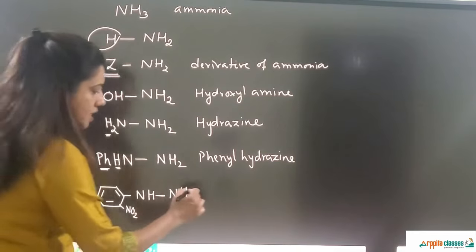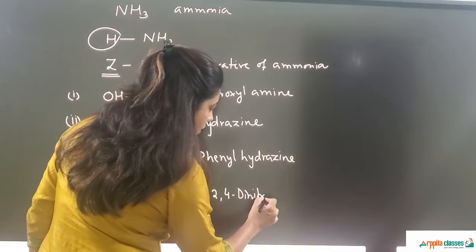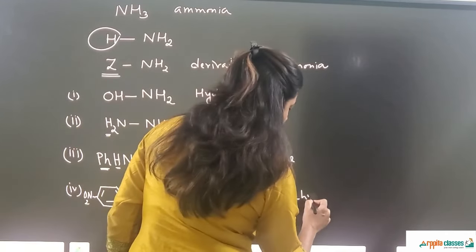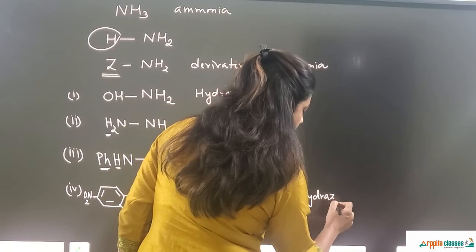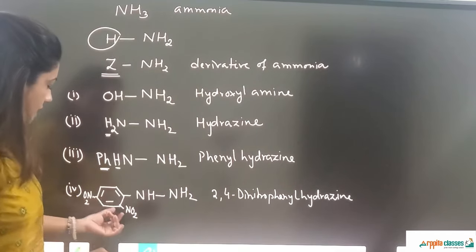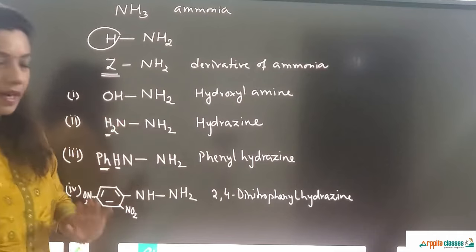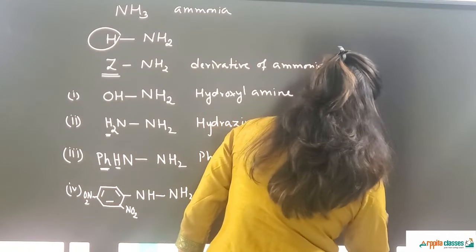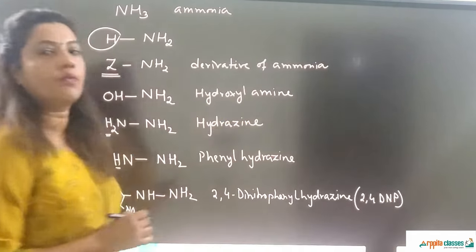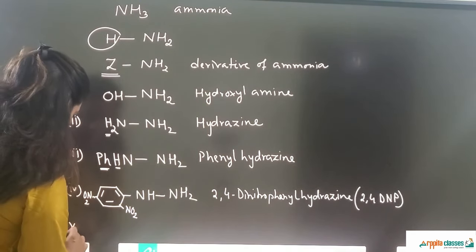So this is called 2,4-dinitrophenylhydrazine. It is phenylhydrazine only, in the phenyl, that is the benzene ring, in the second and fourth positions I added nitro, so it's called 2,4-dinitrophenylhydrazine. In short, we write it as 2,4-DNP.